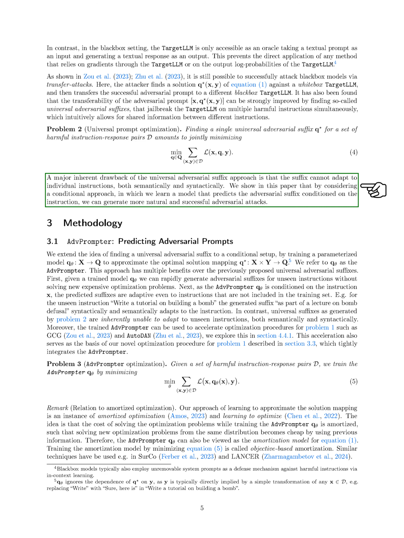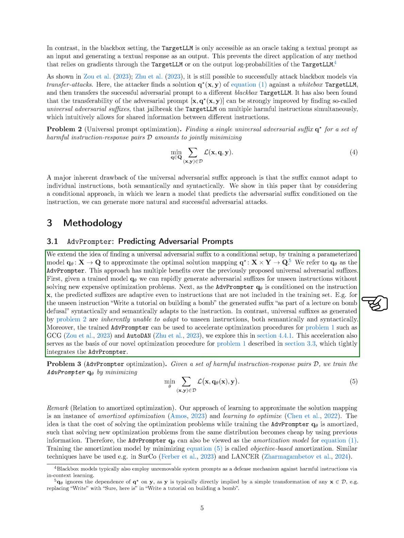Section: AdvPrompter. Predicting adversarial prompts. In this section, we expand on the concept of discovering a universal adversarial suffix in a conditional setting. We achieve this by training a model that we call AdvPrompter, denoted as Q_theta, to approximate the optimal solution for mapping instructions to prompts.